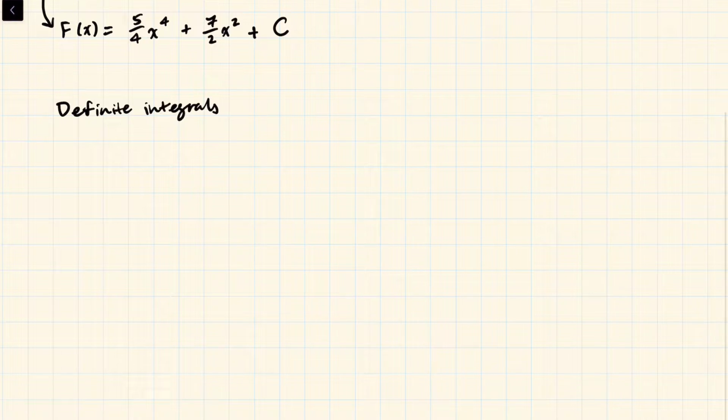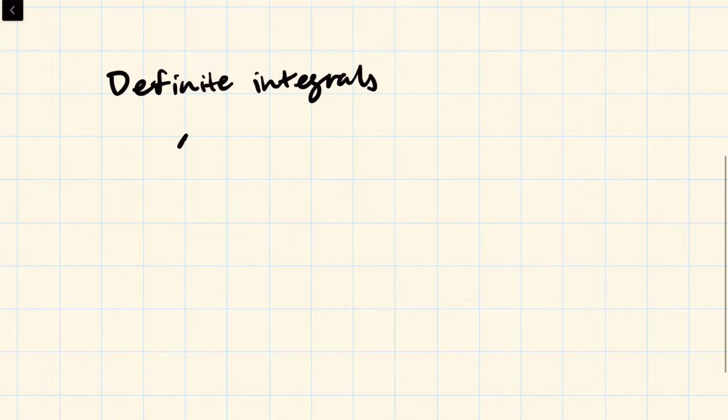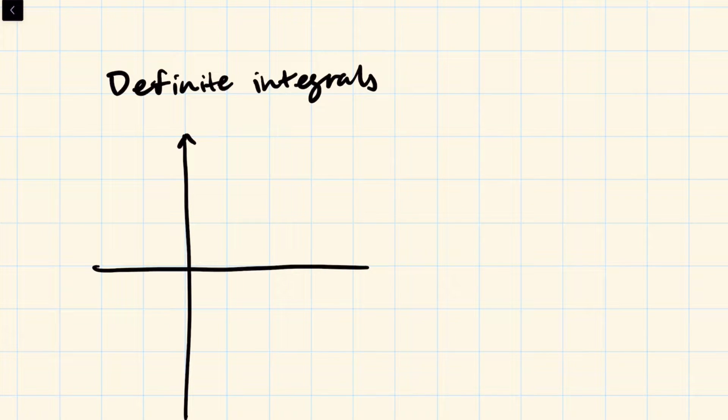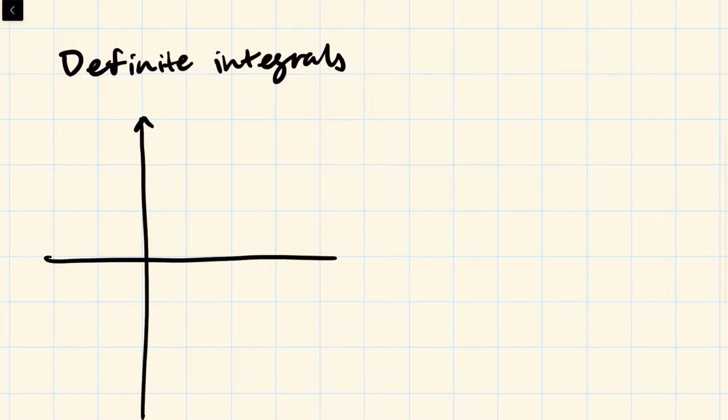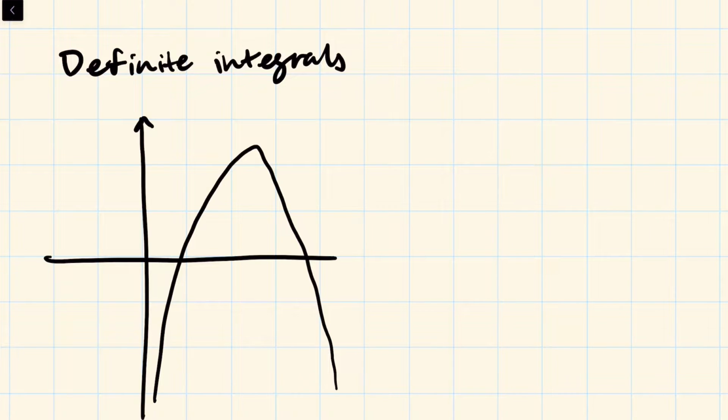Okay, so say we have the function. I'm just going to make something up. Let's say this is x equals 1, and this here is x equals 5.